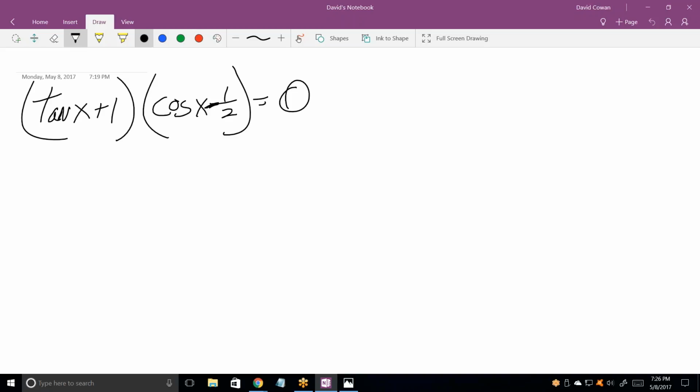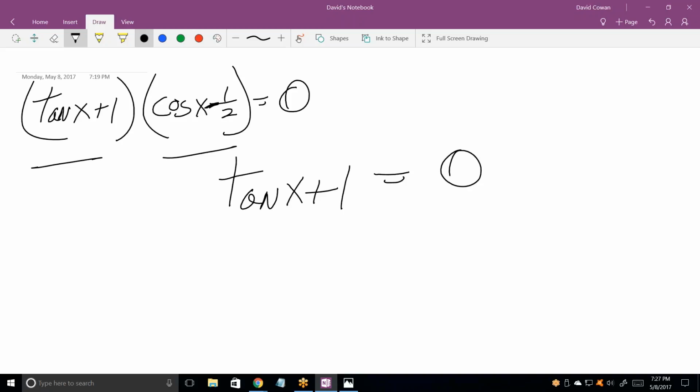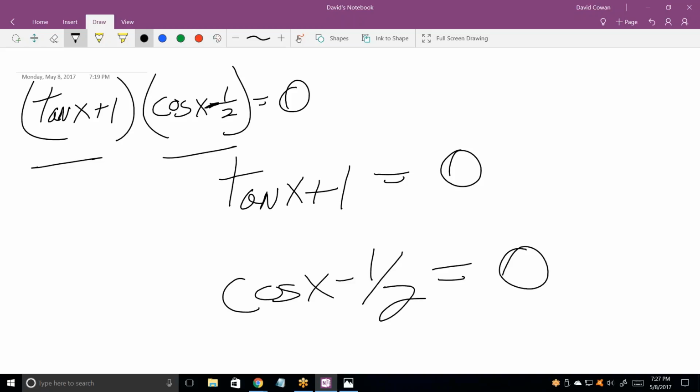I immediately assumed that I wanted to multiply it together, but that's not what you want to do. I've got two things multiplied together that are equal to 0. That tells me that either tan x plus 1 equals 0 or cosine x minus 1/2 equals 0.